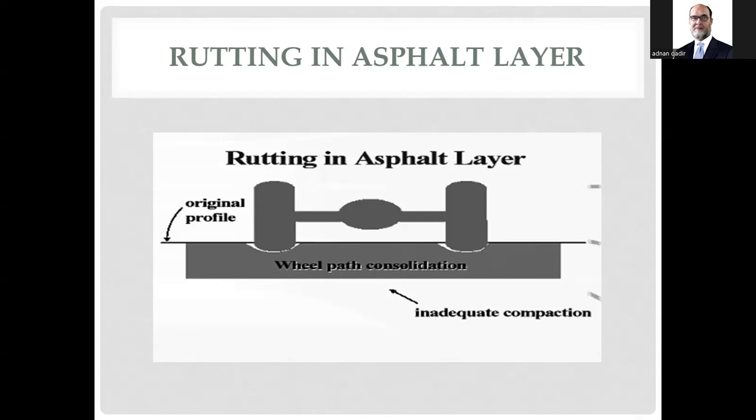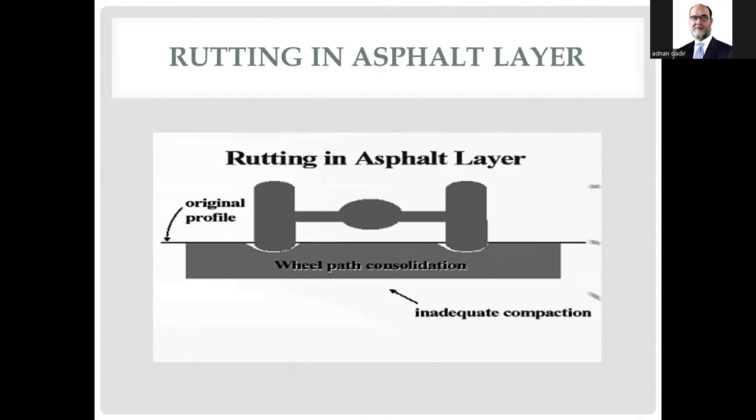When it becomes below 100 degrees, it has no flexibility to be compacted. Normal compaction temperature is 100, 110. If it is lesser than that, even though you lay the asphalt concrete, it has been laid, but actually it is not properly compacted. For compaction, we do have the test.